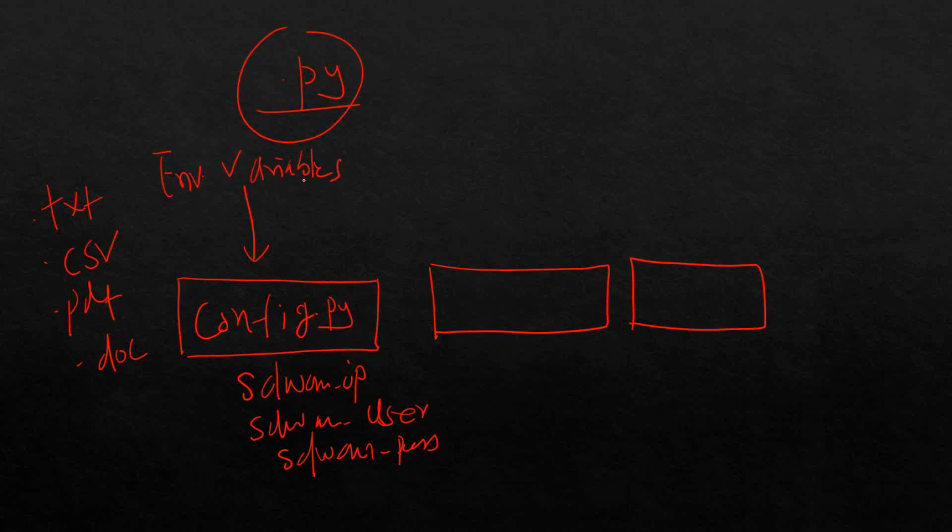Now, once you have the environment variables, the next thing you want to do, the cool thing that you can develop over time, is your library. Correct. So the next file that you can create for bigger programs is the library functions.